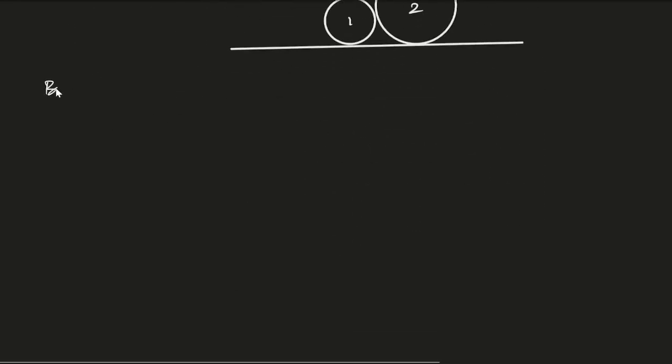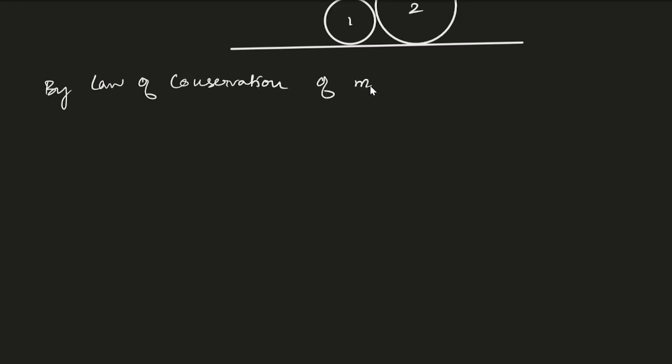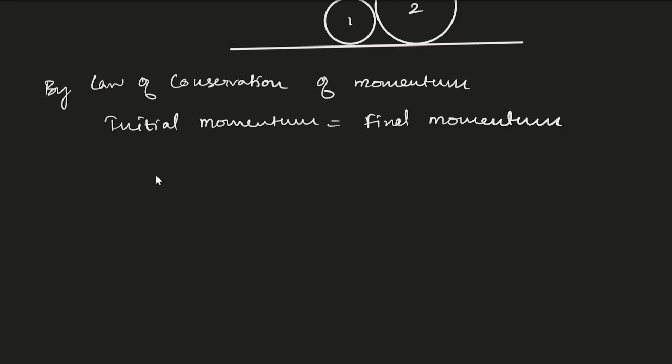One is by the law of conservation of momentum. We know that initial momentum equals final momentum. So initial momentum is m1 u1 plus m2 u2 equal to m1 v1 plus m2 v2.